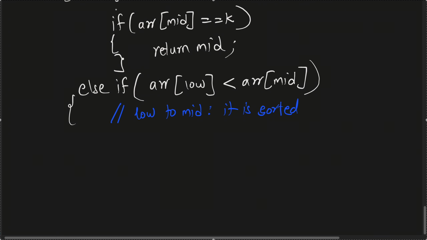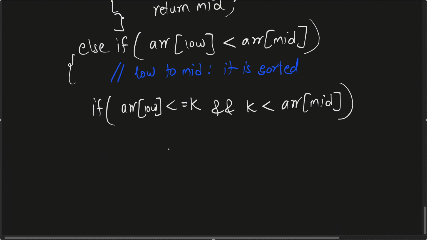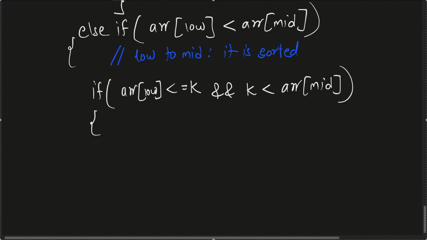So we have to again check one condition. If the array of low element is less than or equal to k and k is less than or equal to array of mid, right? We are checking here whether the k lies in this sorted region or not. If the k lies in this sorted region, that means k can be there between low to mid, that we are checking.